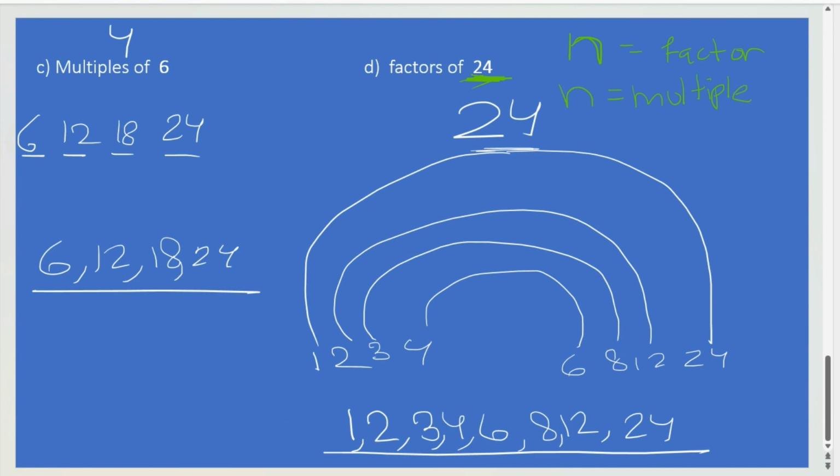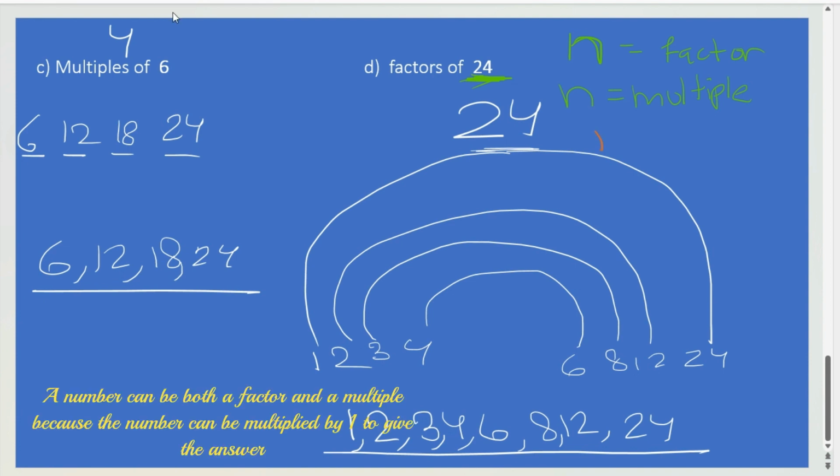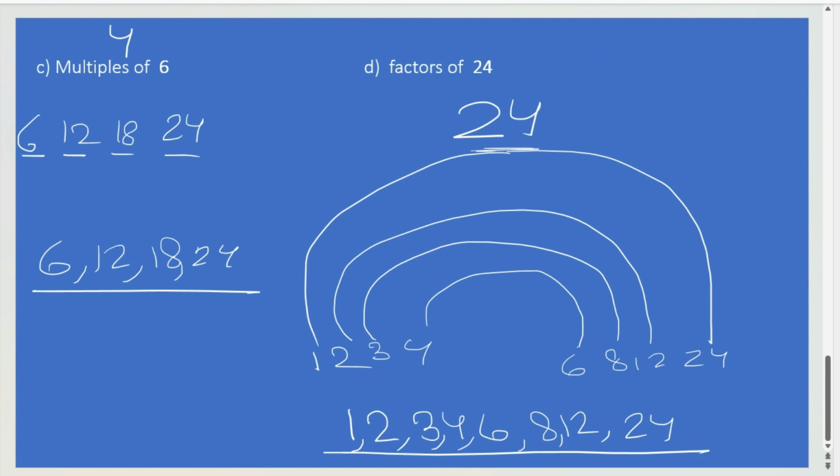Anything. But if it was a prime number, so here 1, 2, 3, 4, 6, 8, 12, and 24 are going to be the factors of 24.